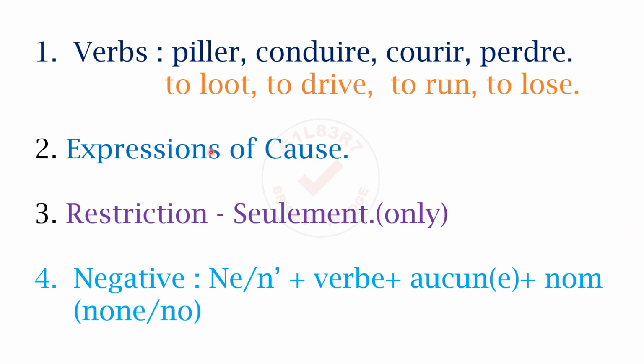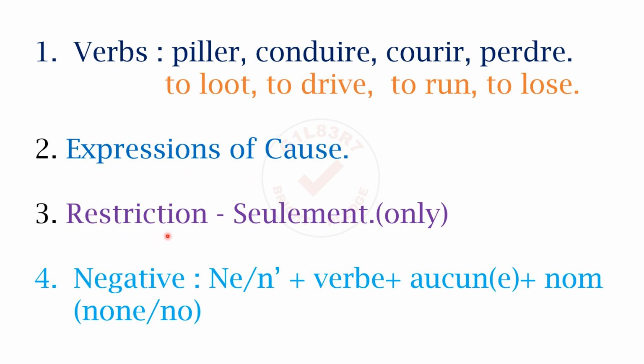So first we are going to see 4 different types of verbs, which is piller, to loot or steal, conduire, to drive or to lead, courir, to run, and perdre, to lose, followed by a few expressions of cause.